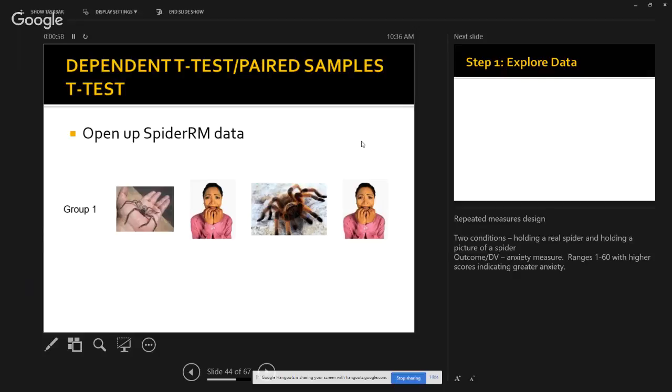Now, in this case, I'm showing you a dependent versus independent t-test, and it's the exact same data. It's just that one is repeated and one is not, and you'll see the cool thing that happens. In your assignment, they're totally different studies, but you have an independent data set and a dependent one.